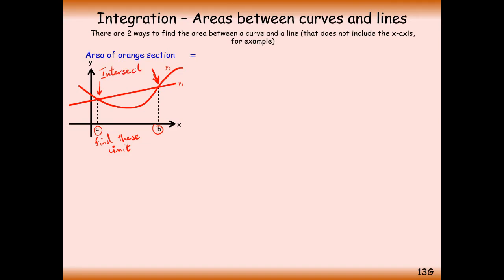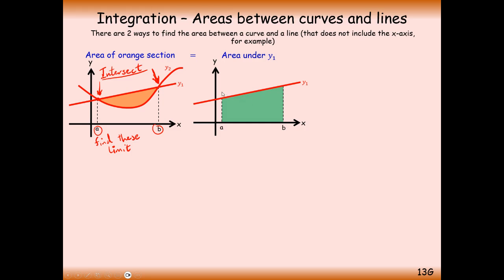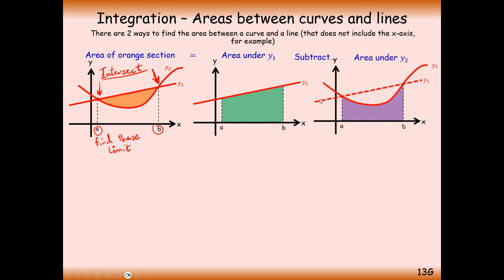Use your knowledge from previous chapters to figure out the points of intersection. Then we want to find this orange region. That orange region is initially part of this larger region, from which we subtract the purple region.